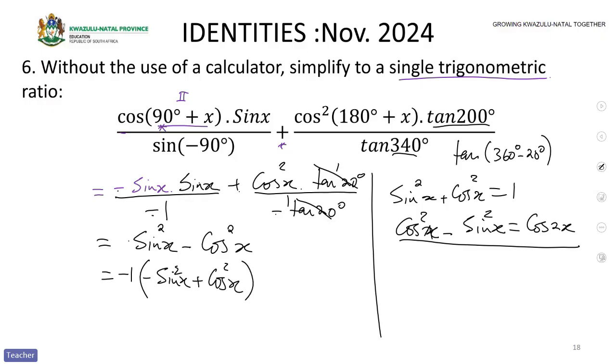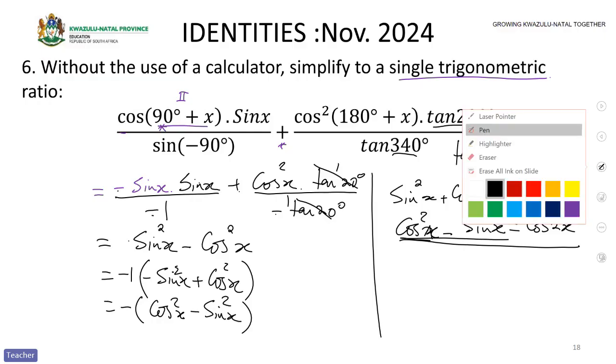Now, with this one, through the commutative property, we can express it as negative into cos squared of x minus sin squared of x. Now, we can say that this one is exactly the same as this one now.